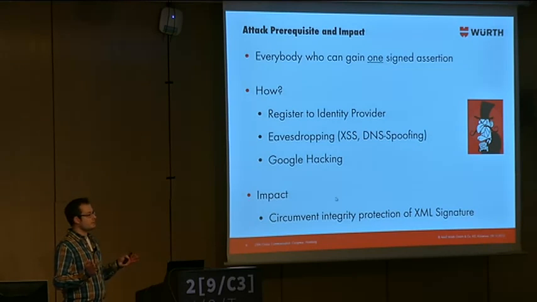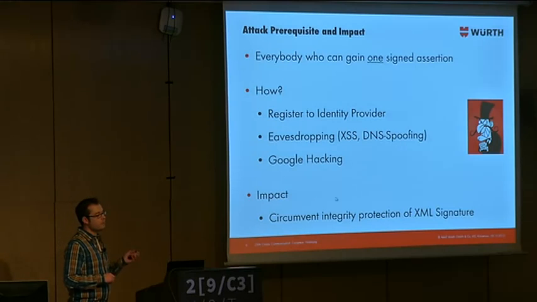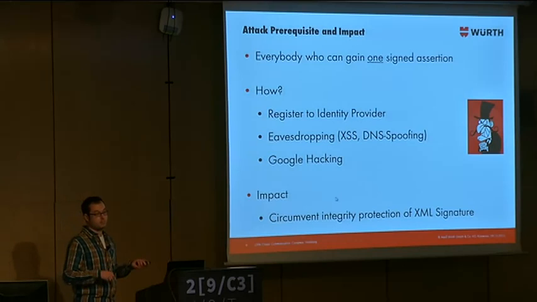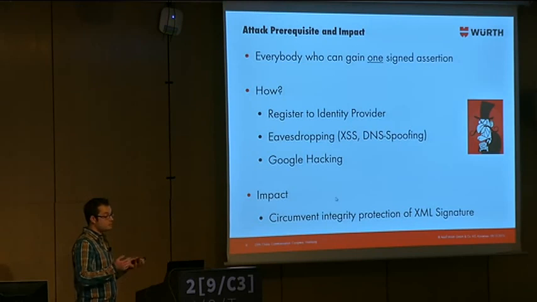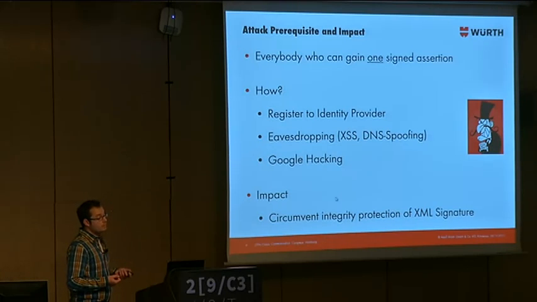And how do I get such an assertion? There are 3 ways. First is to simply register to such a service provider. For example, you could register to Google Apps, and then you can issue your assertions on your own, yourself. The second way is eavesdropping, which means you could launch a cross-site scripting attack or a DNS spoofing attack.